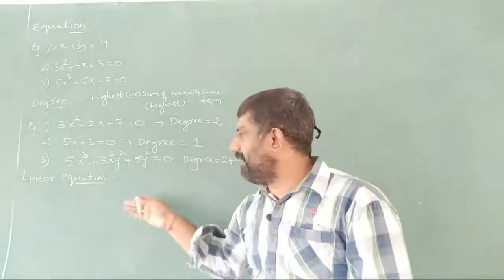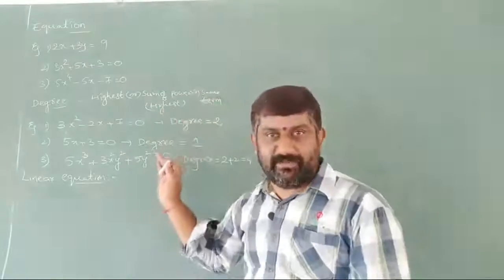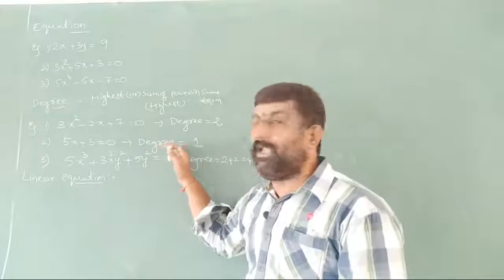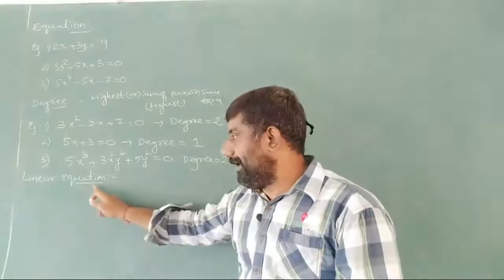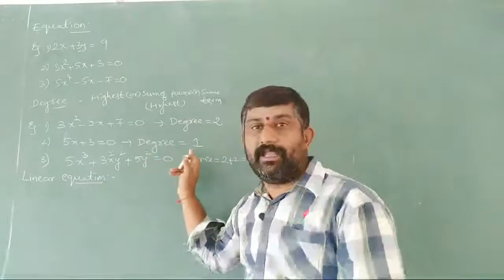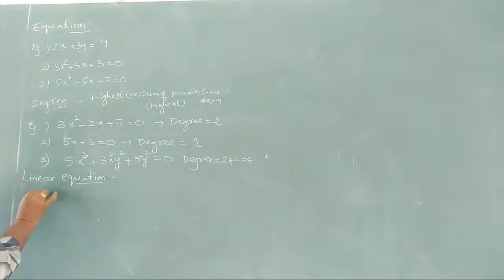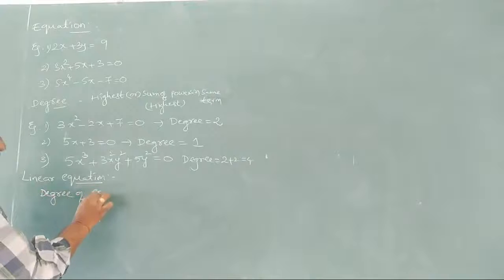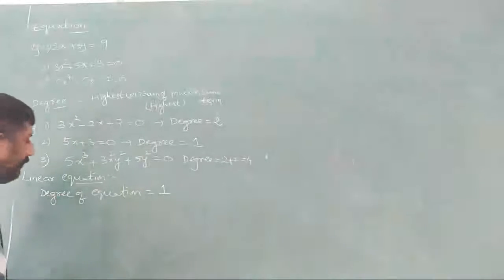Like this, these have names, but the topic I am taking is simple equations. So up to degree 1 is enough for me. Now a linear equation is nothing but having degree 1. So what can we write now? Degree of the equation is going to be 1.